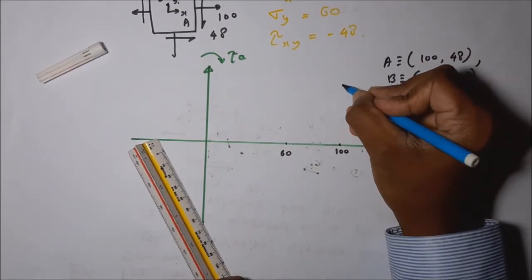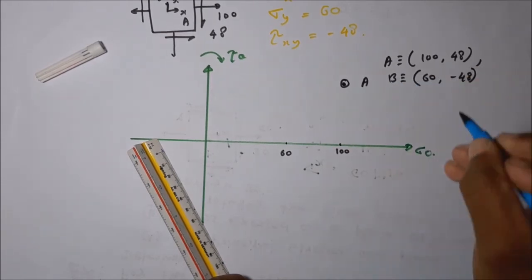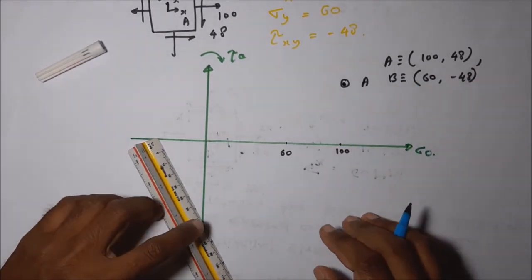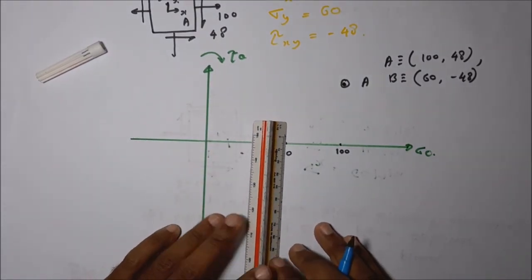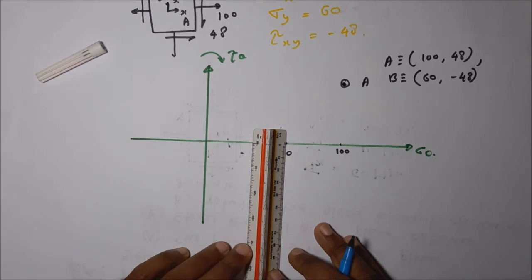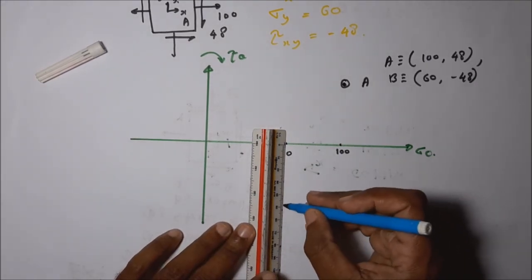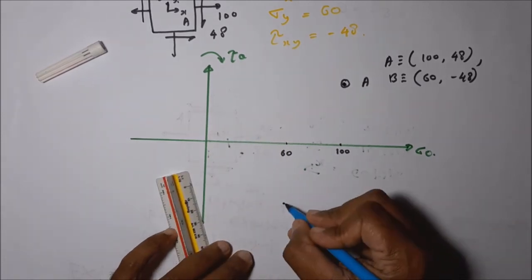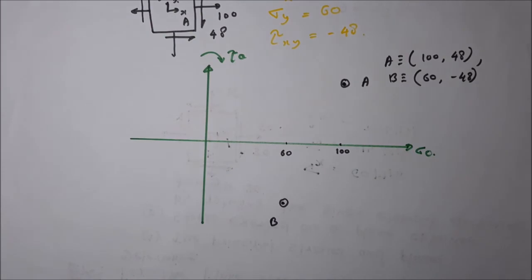This is the point A. Then we can locate the point B: minus 48 from the 60, somewhere here. This is B.